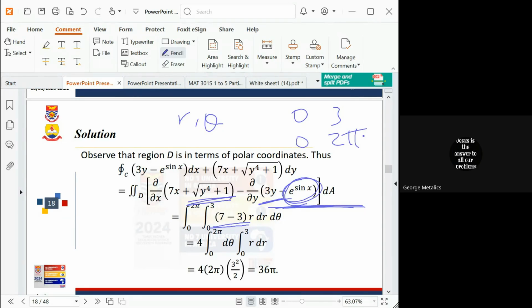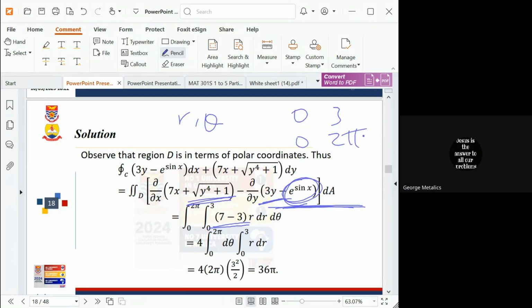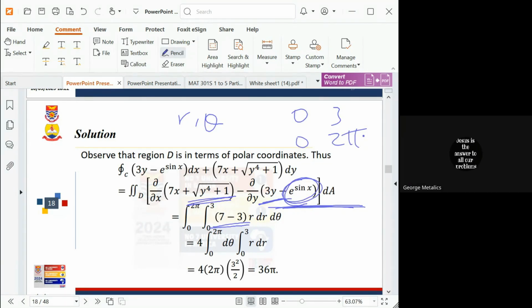Is that the situation? You differentiate the second part with respect to x, and you minus the first part, that of y, with respect to y. Okay, thank you. So we switch parts.